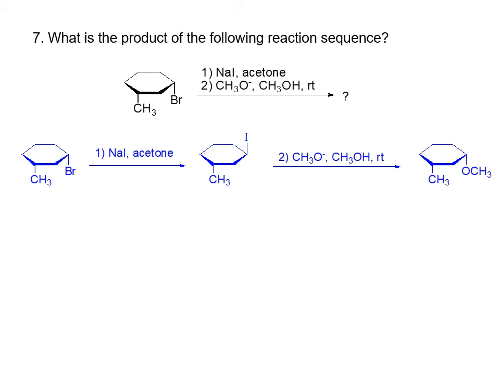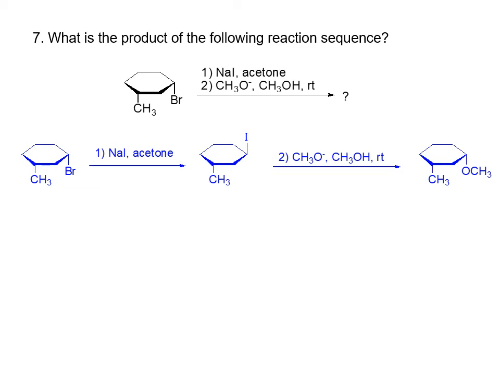Instead of directly substituting bromine with methoxide, which would have worked, but would have given the trans product, so product that is a result of inversion of configuration, we carry out two reactions. We carry out first, at this step that appears to be redundant, substitution with iodide to get inversion of configuration, and then we carry out a second inversion of configuration.